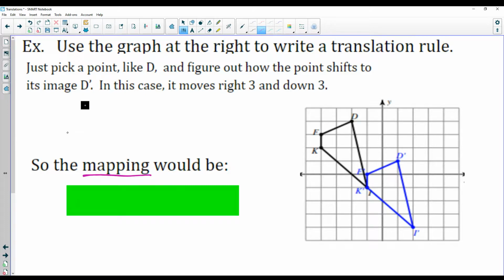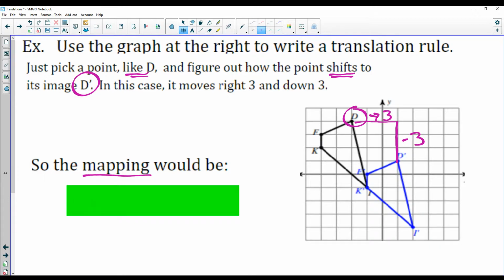Well, what we need to do is pick a point like D and figure out how it is shifting to get to its image, the new position. Okay, so if we look at D, we would go 1, 2, 3, that lines up. So this appears to go to the right 3, 1, 2, 3, and down 3.